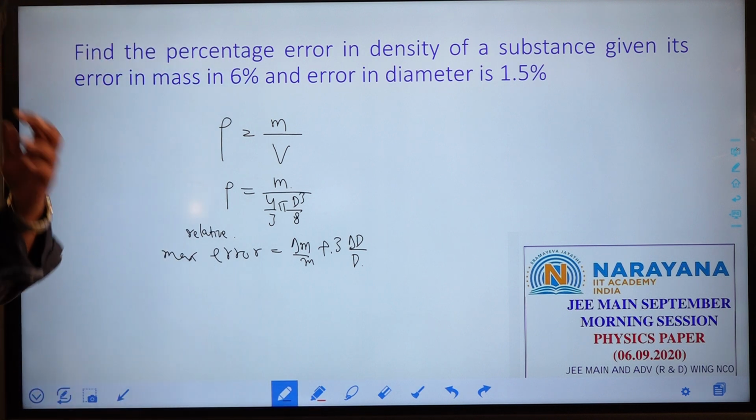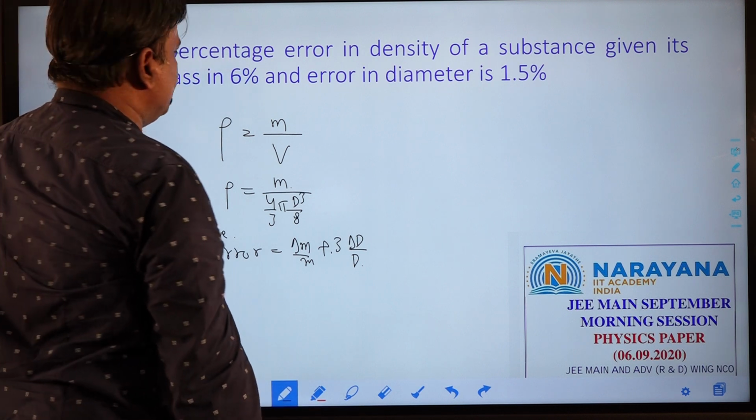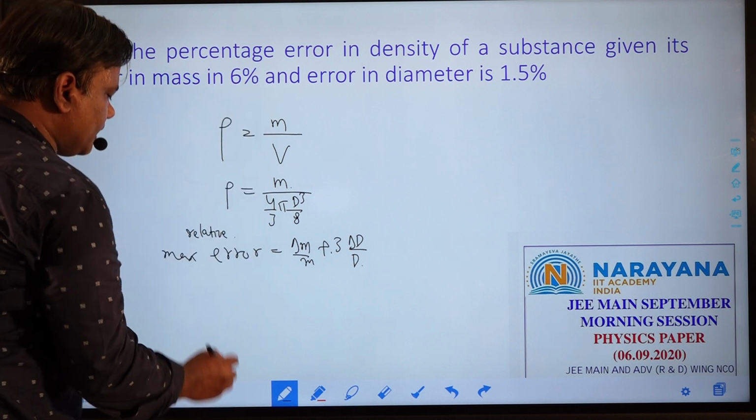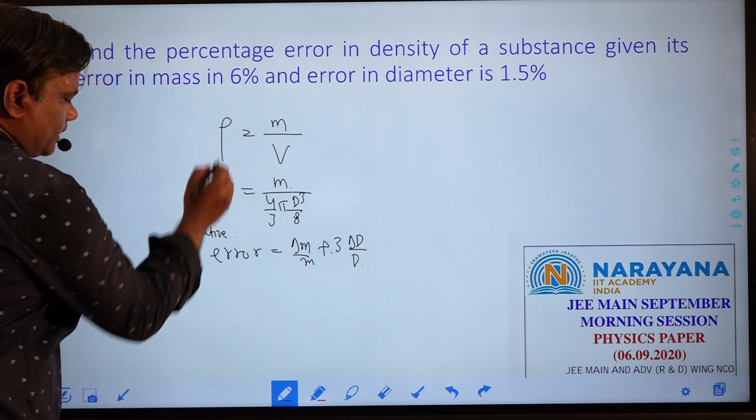So you have got the percentage error given in terms of error in the mass, that is 6%.